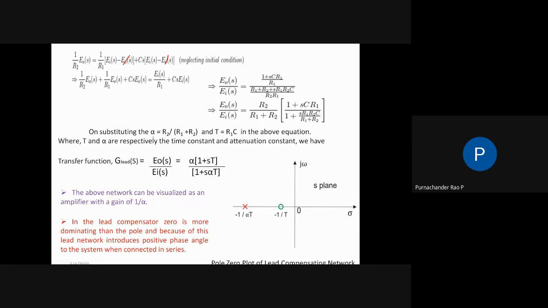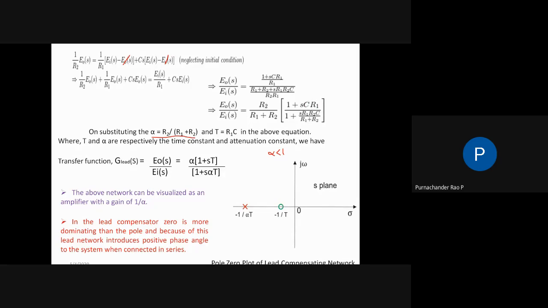Now we are assuming that the attenuation constant alpha is equal to R2 by R1 plus R2, and R1 into C is the time constant.